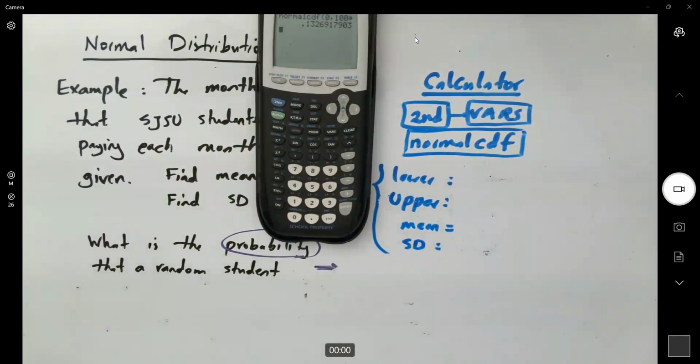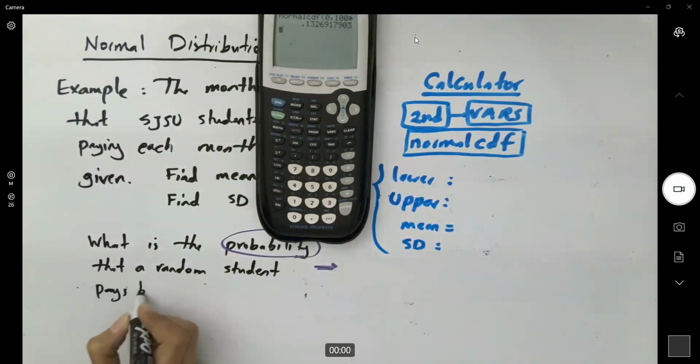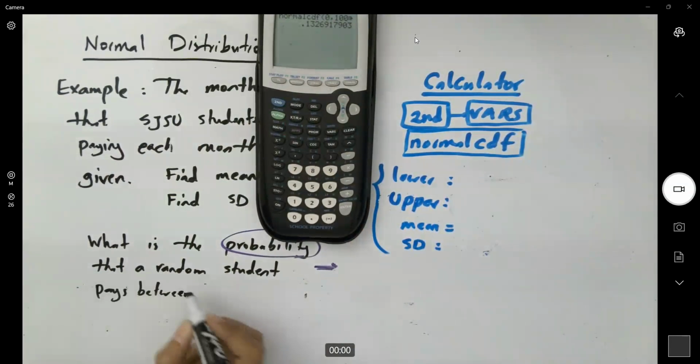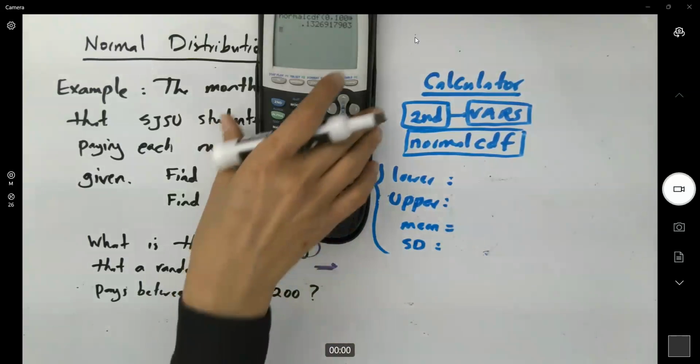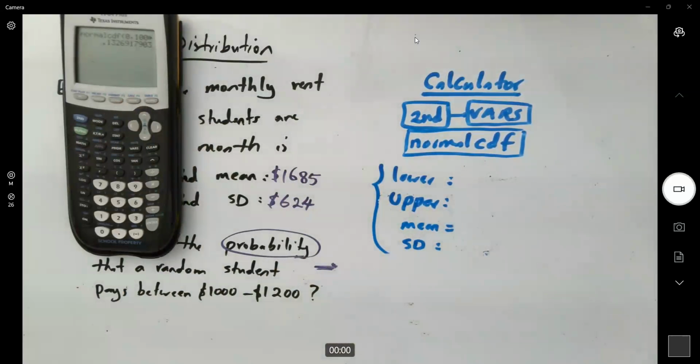What if you randomly select a student and that student pays between $1,000 and $1,200? How do we find the probability? What are the steps that we're going to take? So in between, it means that the lower limit is 1,000 and the upper limit is 1,200.